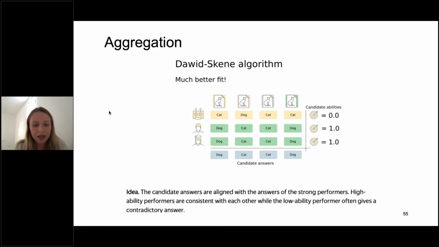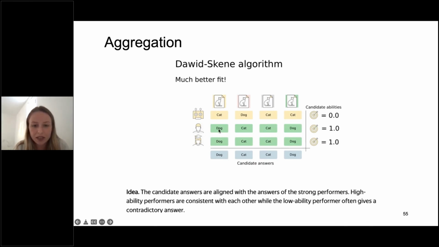And we're not going to discuss here the details of how the algorithm works, but the idea behind this is that the data should speak for itself. So the answers that fit best should be considered the correct ones.